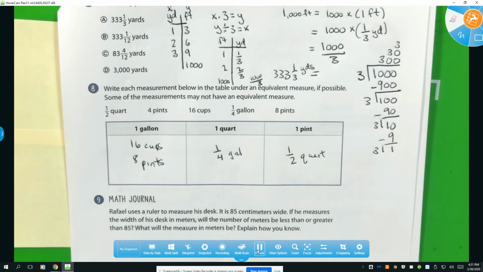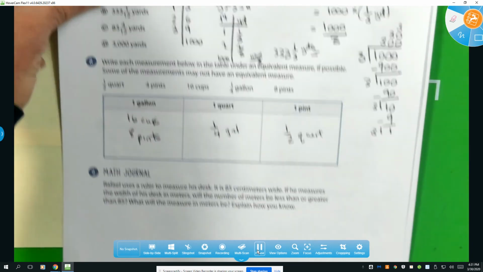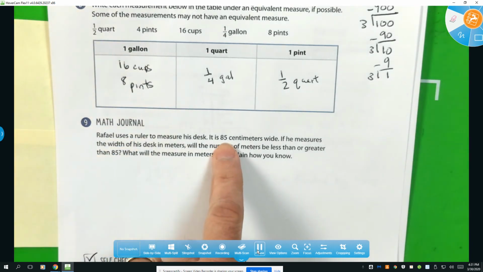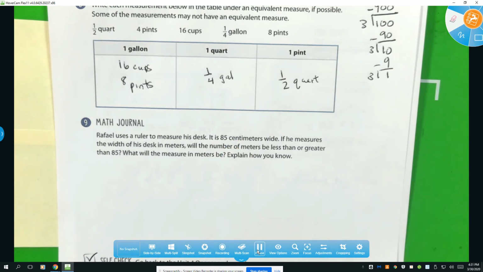Last question. Raphael uses a ruler to measure his desk. It's 85 centimeters wide. If he measures the width of his desk in meters, will the number of meters be less than or greater than 85? What will the measure in meters be? All right, let's find what we need.